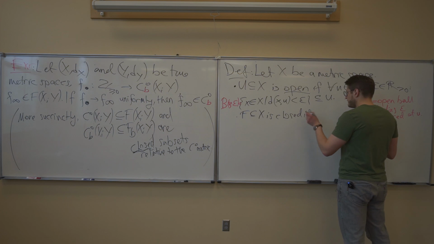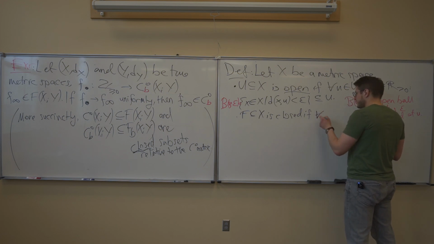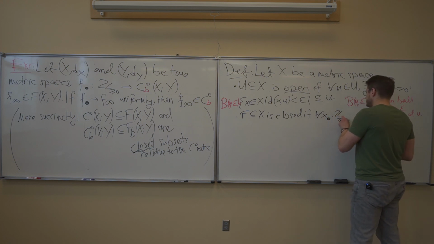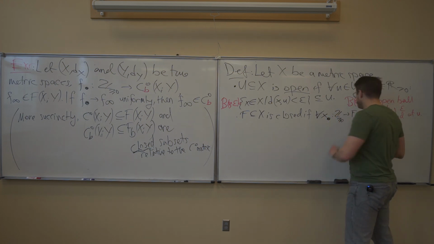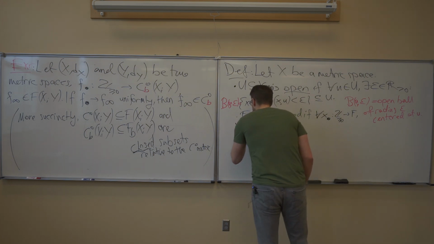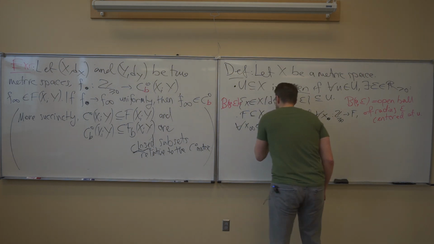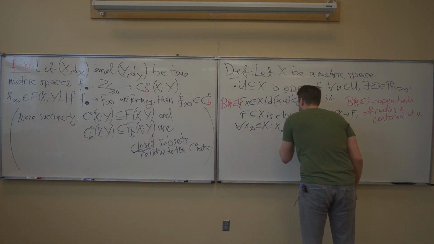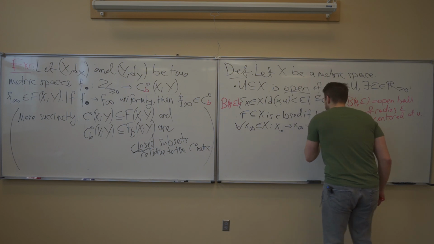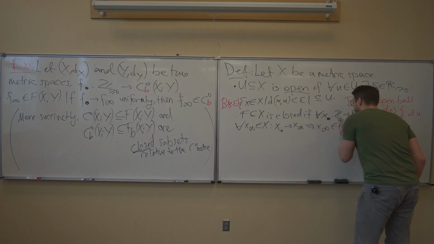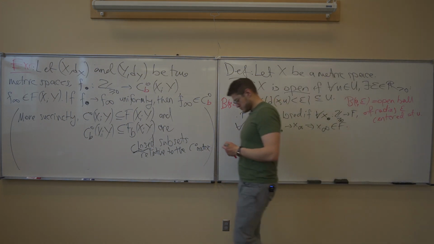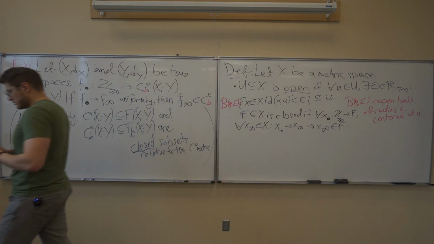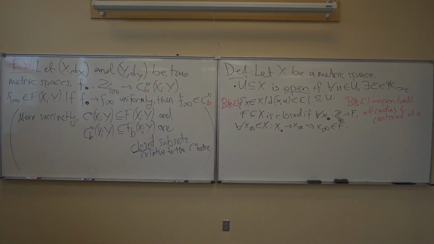So if for any sequence x bullet in F, and for any x infinity, if x bullet converges to x infinity, then in fact x infinity is in F. Okay.